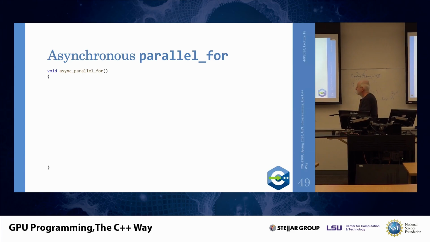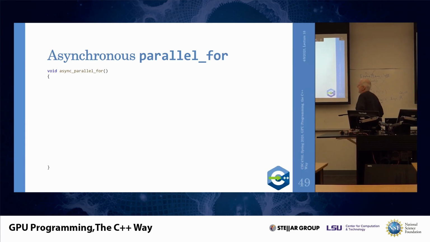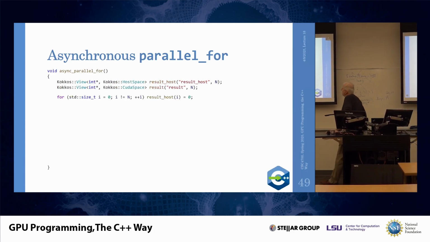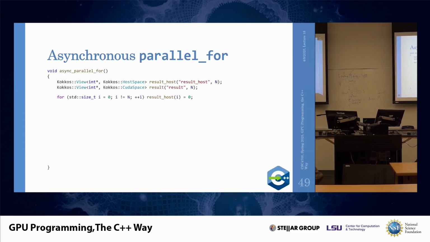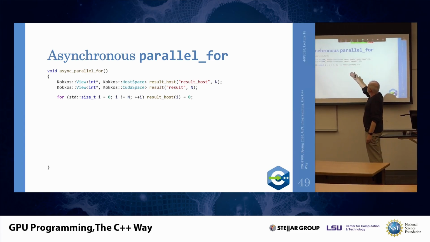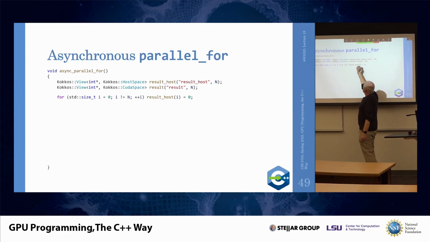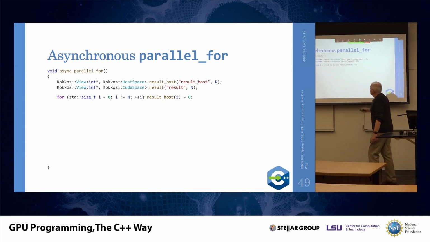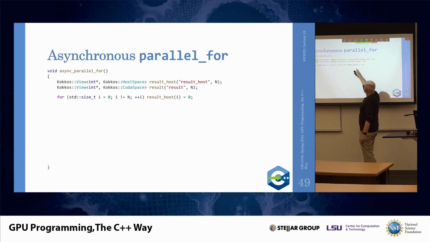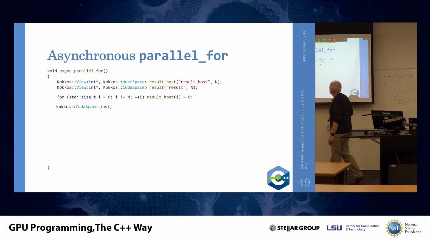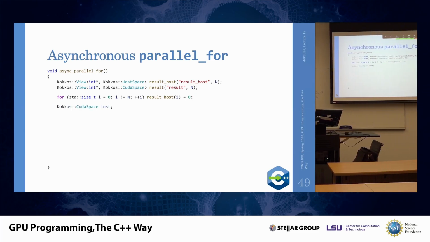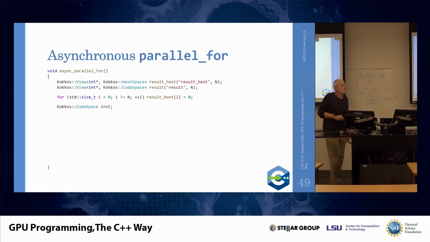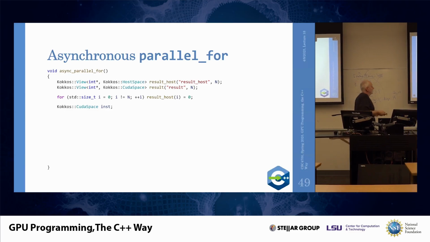Okay, let's look at an asynchronous parallel for. How does that work? We have two views, one in host space, one in CUDA space. Then we initialize the data on the host side with 0, just by looping over the result host view and assigning 0. Then we define a CUDA execution space. So we want to run things on CUDA.